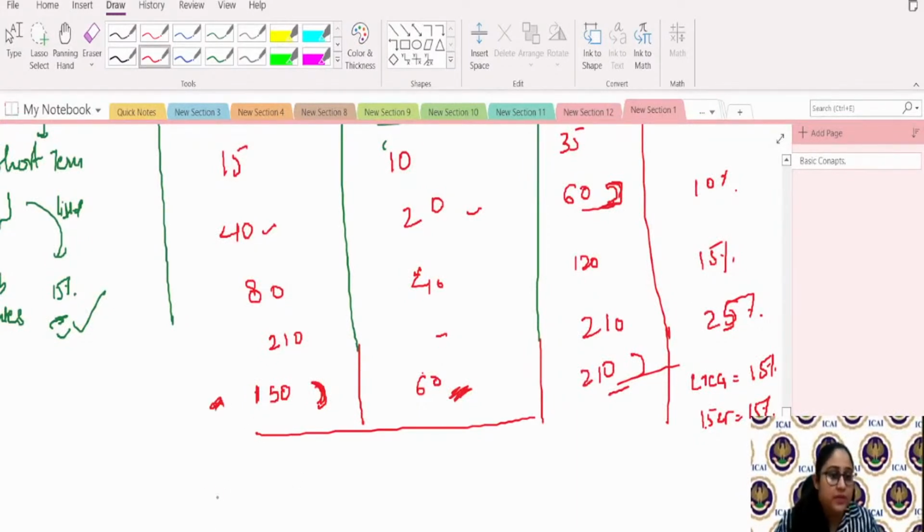But now on the contrary, this example is very important. Now this example would be more important. This is 2 crore 30 lakhs and this is 60 lakhs. Total income comes to 2 crore 90 lakhs.